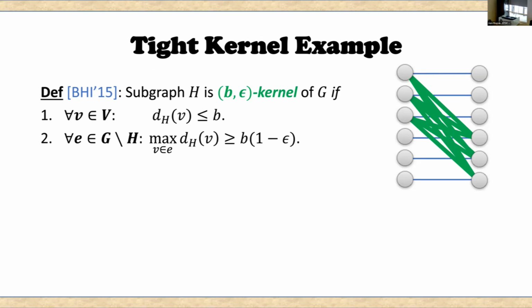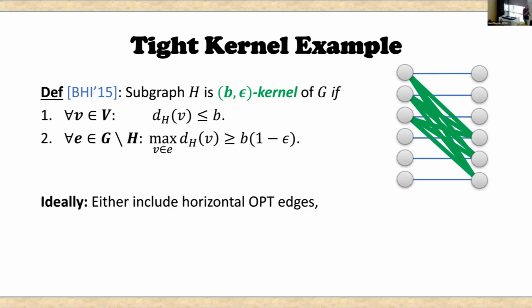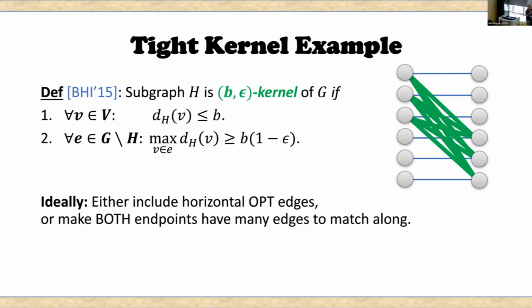The intuition is that this gives opt edges, both of the endpoints, at least some non-negligible chance of being matched. So ideally, we want to include a lot of these optimum edges. In this drawing, we want to include a lot of these horizontal edges, or have both of these endpoints have many edges along which they can match, and then intuitively you should be doing fine.